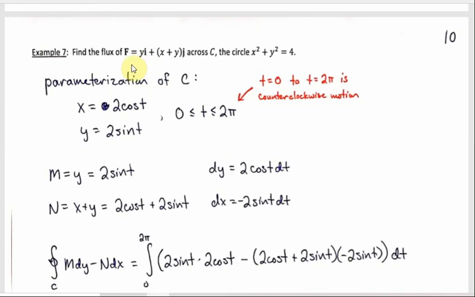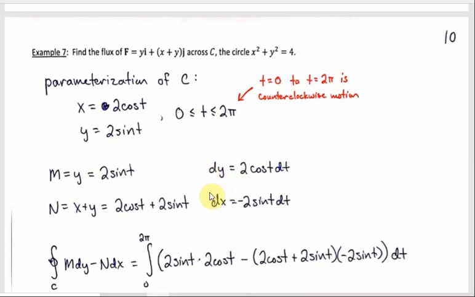Looking up at F, M is y and N is x plus y. So we can rewrite those: y is 2 sine t, and x plus y is going to be that. Then if y is 2 sine t, dy would be 2 cosine t dt, and dx is going to be negative 2 sine t dt.